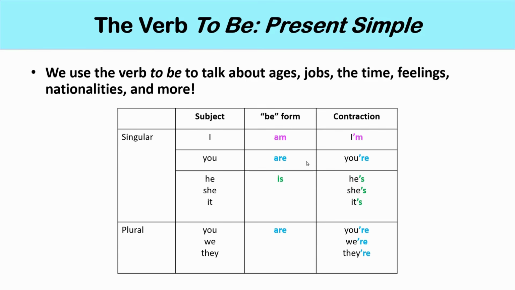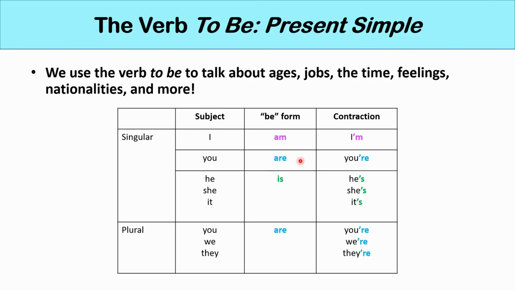So first, I'm going to talk to you about how we conjugate the verb to be depending on the subject pronoun. I am. For example, I am Jennifer. Or we could say I'm Jennifer. Apostrophe M is the contraction for I am.